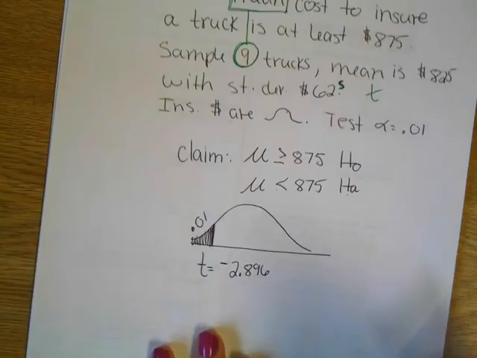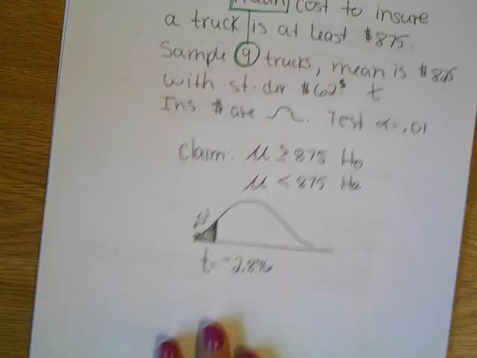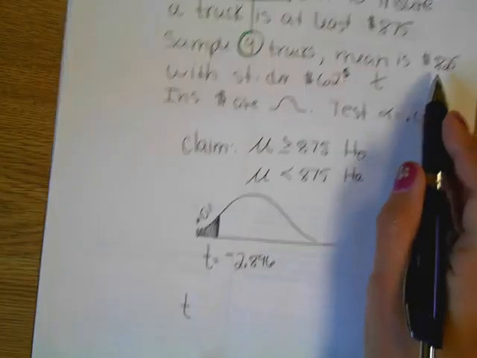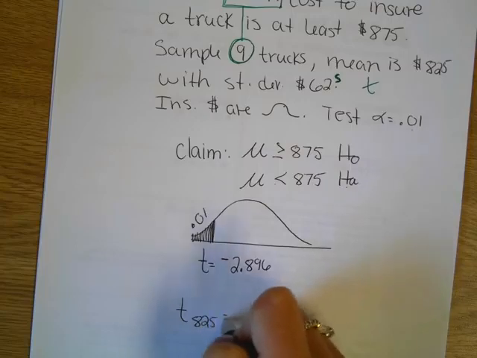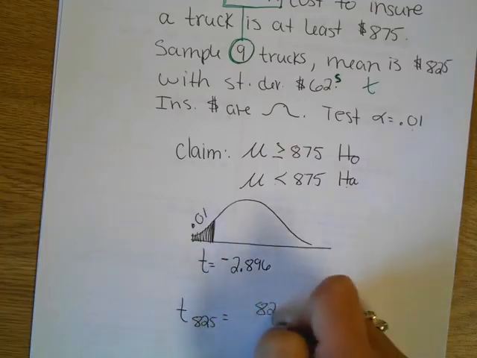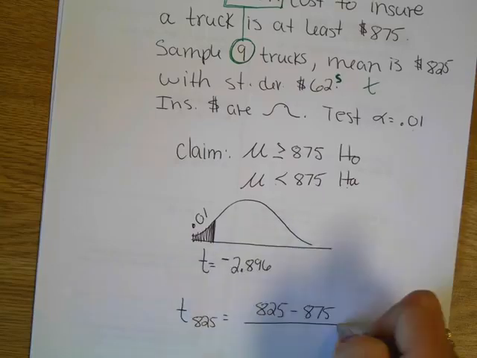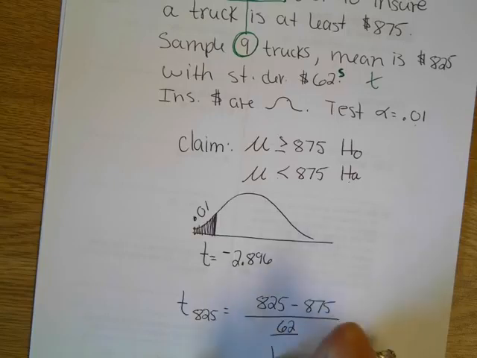Okay. Now we take our sample, turn it into a t-score. Nothing in that formula changes. We're still going to go sample mean minus population mean divided by the standard deviation over the square root of the sample size. So, the t-score for 825 is 825 minus 875. Standard deviation was 62.